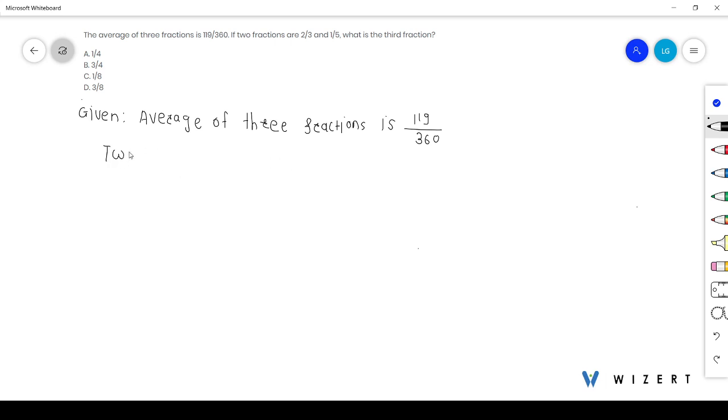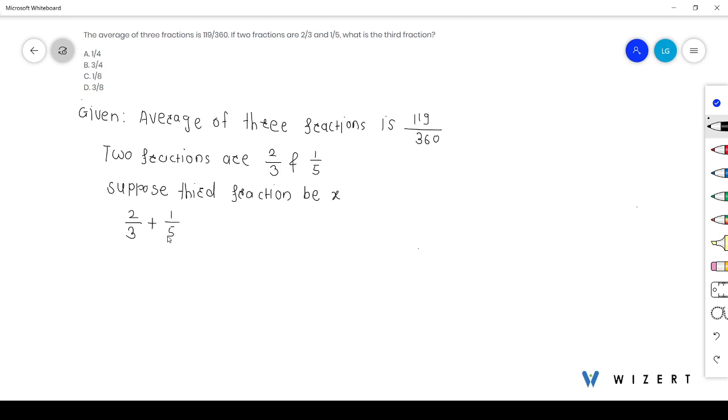Two fractions are 2/3 and 1/5. Suppose the third fraction be x.